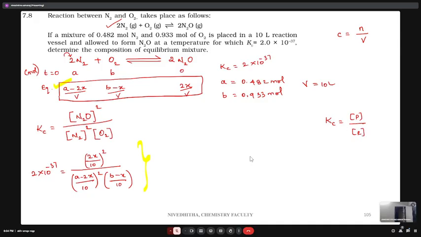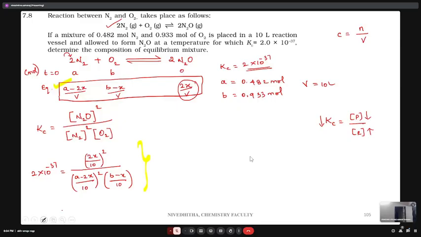If Kc is very much less, then the concentration of product is very much less and the concentration of the reactant is so much, right? So since the Kc value is very small, what we can assume is the product formed is very low, and the number of moles of reactant involved in the reaction is also a small quantity.